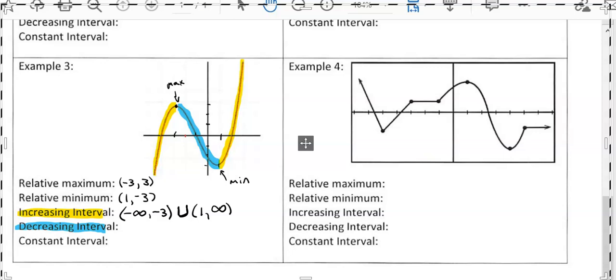And then the decreasing interval is just this blue section. And so it goes from -3 to 1. And that would be the decreasing interval. And once again, the constant interval happens where there's a horizontal stretch. Since there is not one here, we would say none.